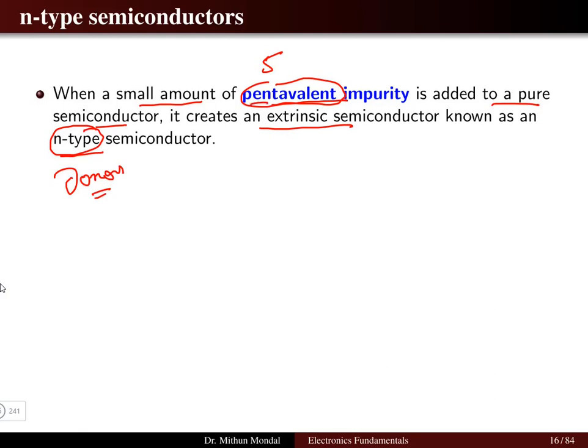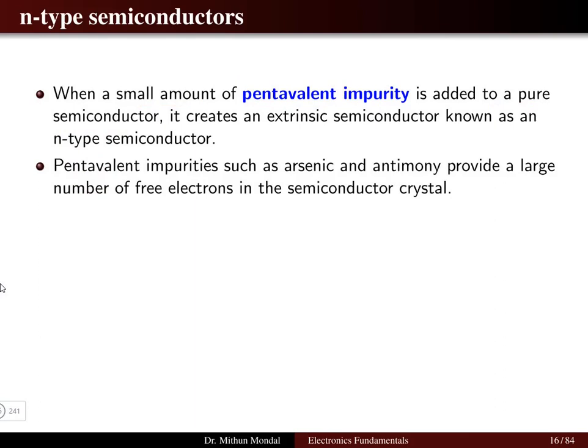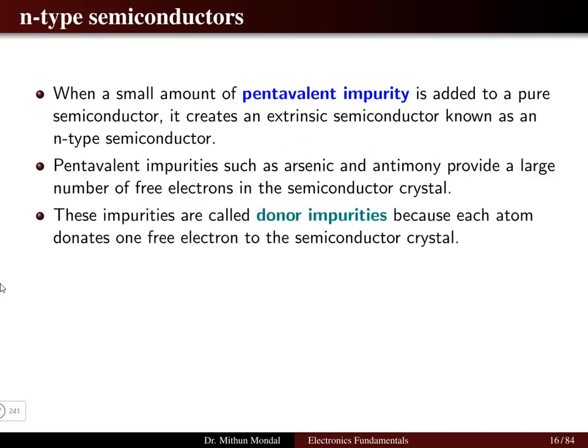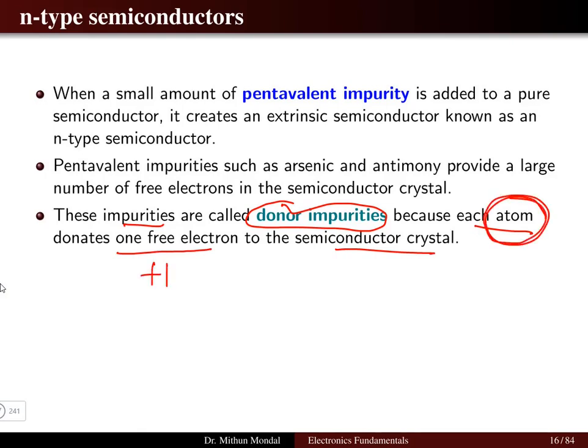Examples of pentavalent impurities are arsenic and antimony, which provide a large number of free electrons in the semiconductor crystal. These impurities are called donor impurities because each atom donates 1 free electron to the semiconductor crystal.